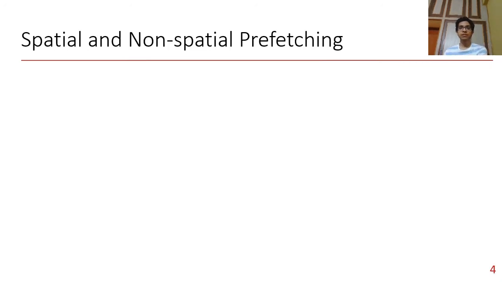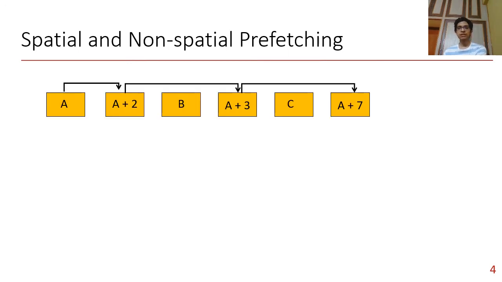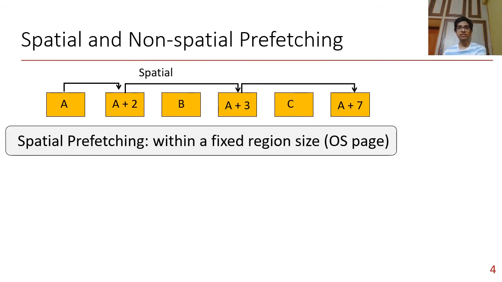Broadly speaking, prefetchers can be classified into spatial and non-spatial ones. To understand them better, consider the following access pattern, which occurs in the temporal order. Three different regions A, B, and C are accessed. A spatial prefetcher trains and prefetches based on the accesses observed within a fixed region.